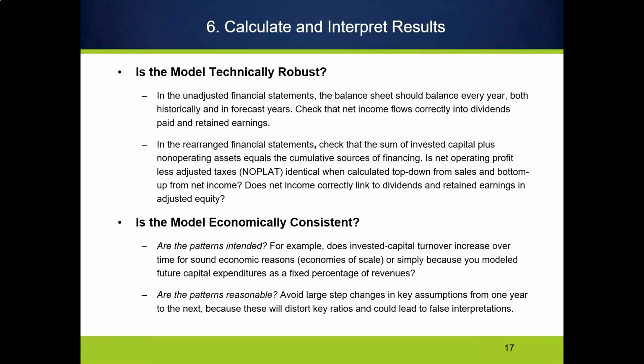So we look at our model and we say, okay, first, is the model technically robust? Meaning, did we make any technical mistakes? Does the balance sheet balance in our forecast years? That's a common one. You're forecasting all these different things. Assets are growing, cash is growing. The balance sheet somehow comes out of balance and you don't notice. So, do all the accounting standards check out?